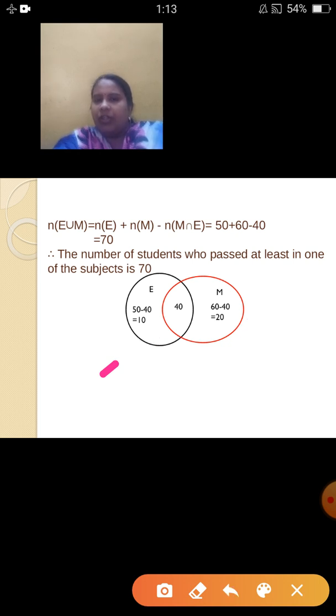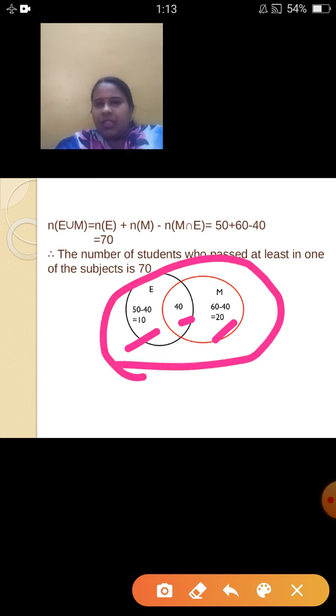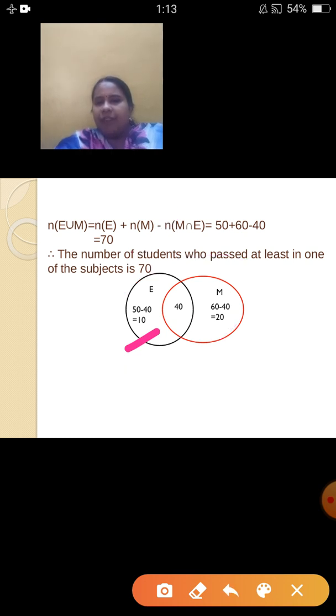So when I add all this, do I get 70? Let me check. 10 plus 40, how much? 50. 50 plus 20, how much? 70. It means the union of all this is nothing but 70. Okay? Hence write the final answer. The number of students who passed in at least one of the subjects is 70.